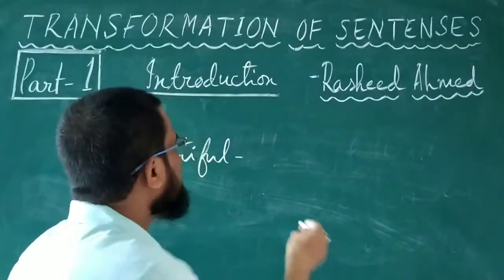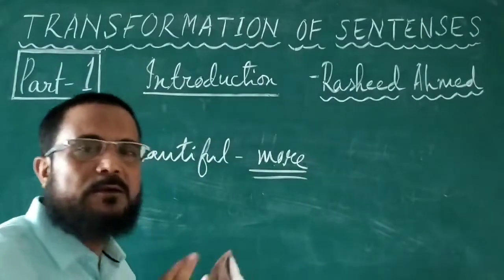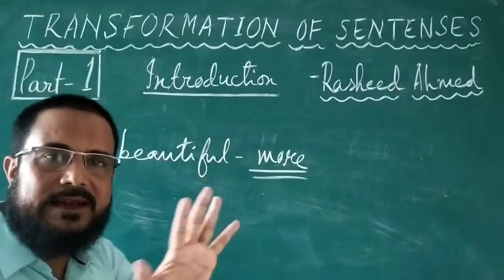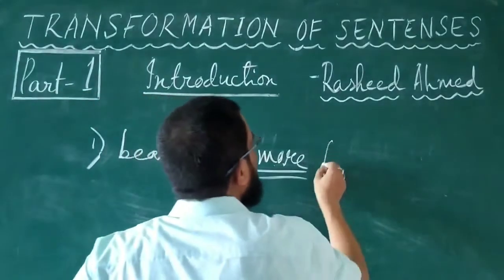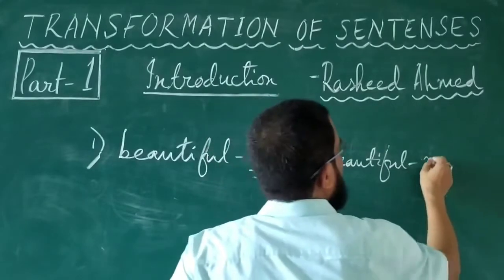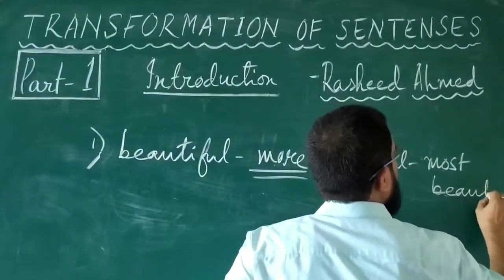What you have to do is, you add a new, completely separate word, more. And so far as the word beautiful is concerned, keep it as it is. No change is needed. More beautiful. And then when you change it into superlative, add most in place of more and write most beautiful.